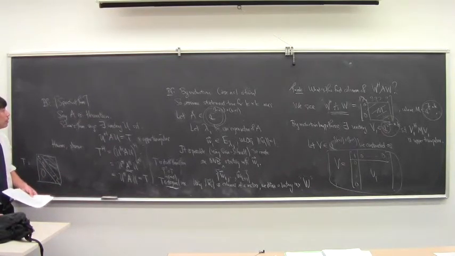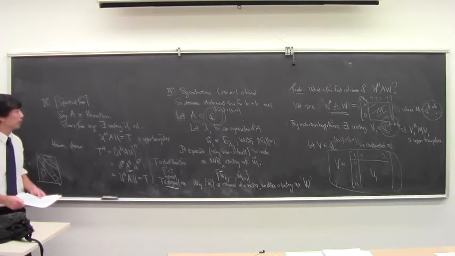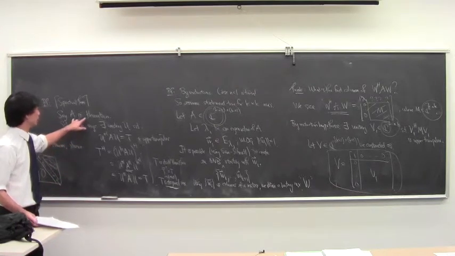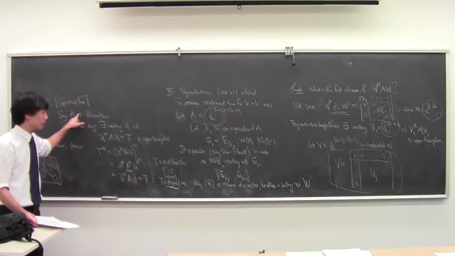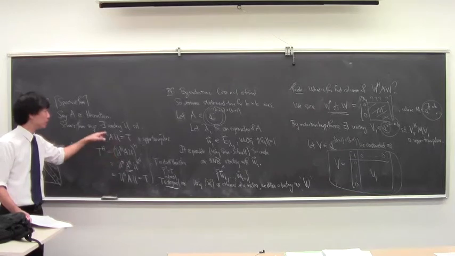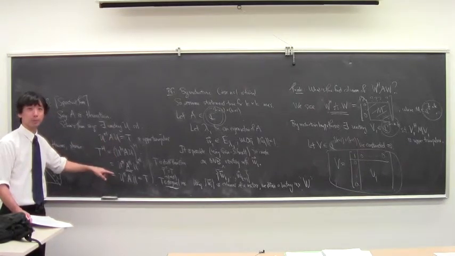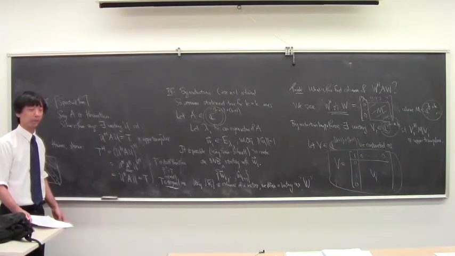Okay. So every Hermitian matrix is unitarily diagonalizable. That's the spectral theorem.